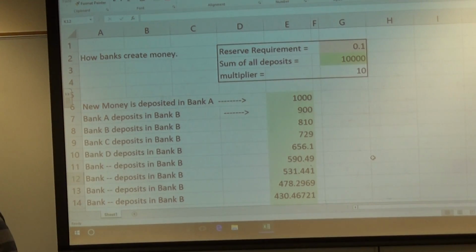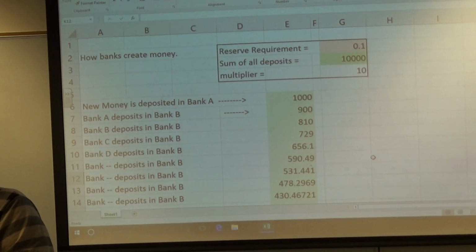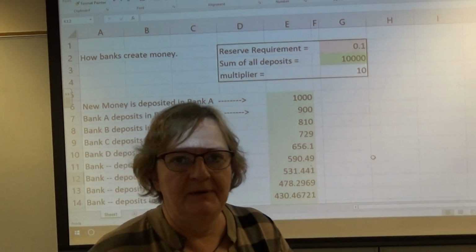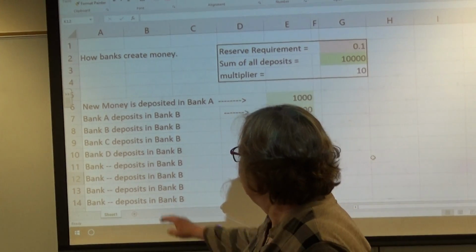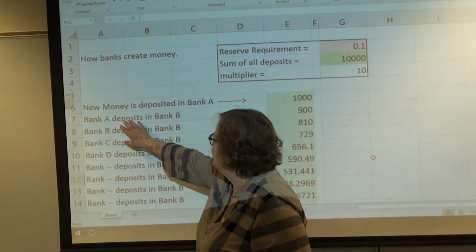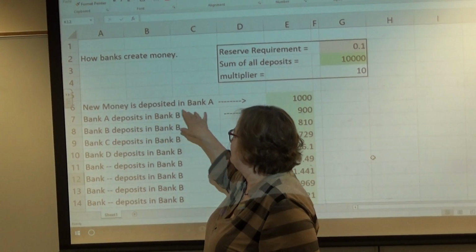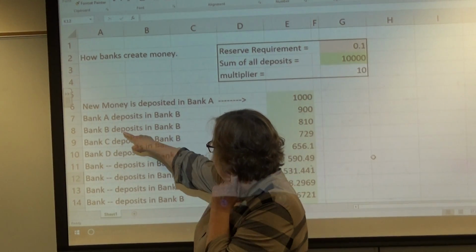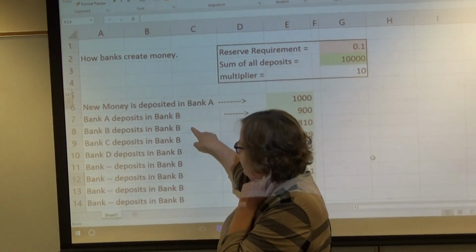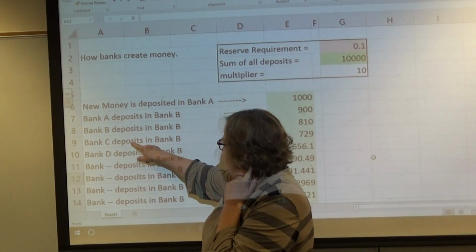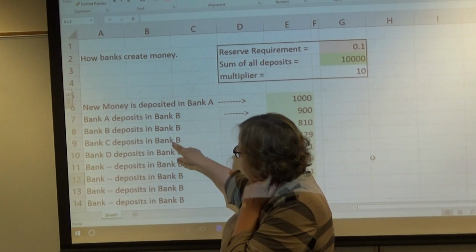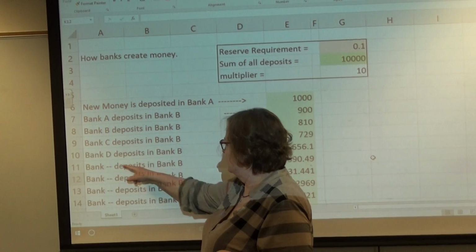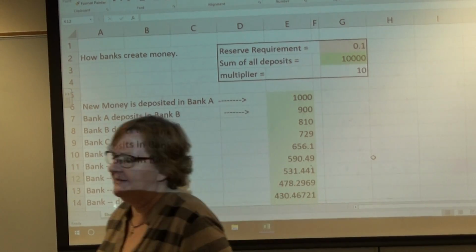I've got Bank B deposits in Bank A. Bank A makes a loan, and it's deposited in Bank B. Bank B makes a loan and it gets deposited in Bank C. Bank C makes a loan and it gets deposited in Bank D. Bank D makes a loan and it gets deposited in the next bank.